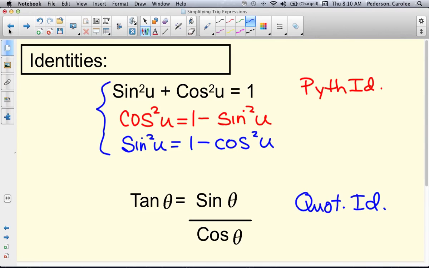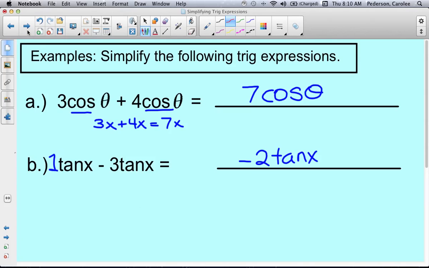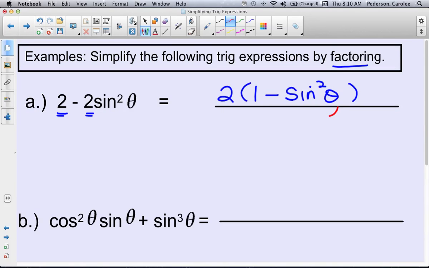Looking at this red Pythagorean identity, 1 minus sine squared of u can be replaced with cosine squared of u. So we're going to replace this piece with the Pythagorean identity of cosine squared of theta.